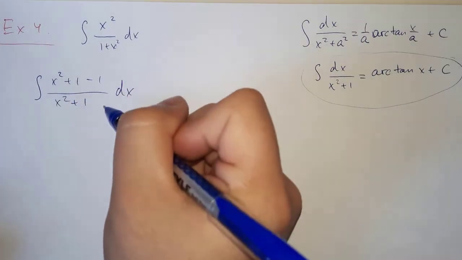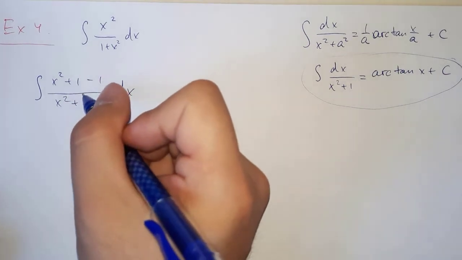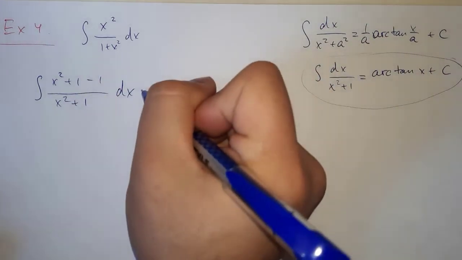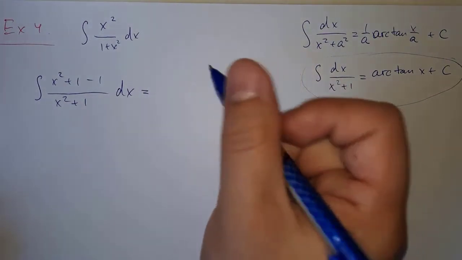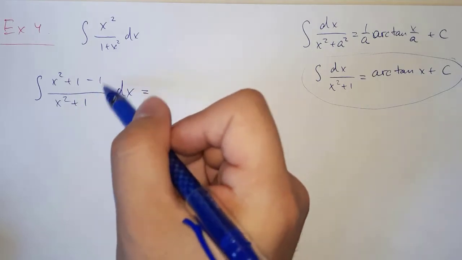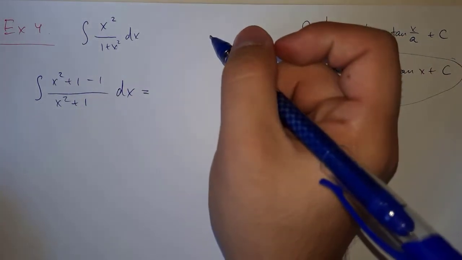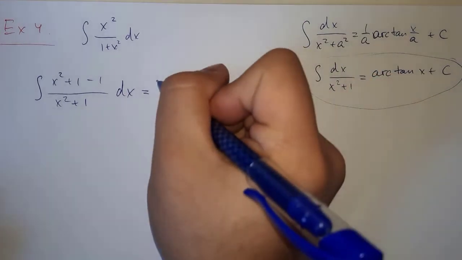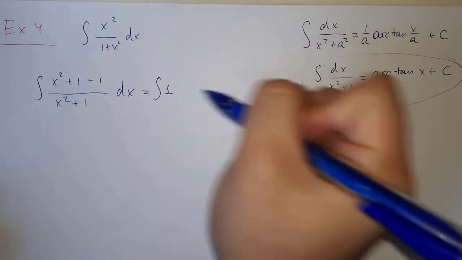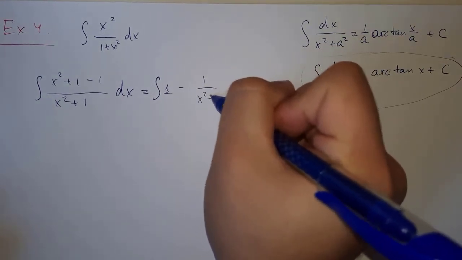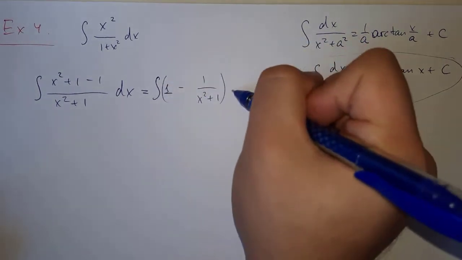There's no change in our example because we added 1 and subtracted 1. But now we can divide. We call it taking the integer part of the function. So here we have now the integral of 1 minus 1 over x squared plus 1 dx.